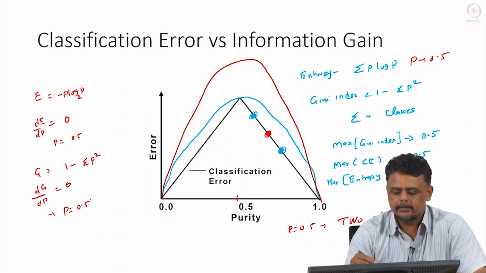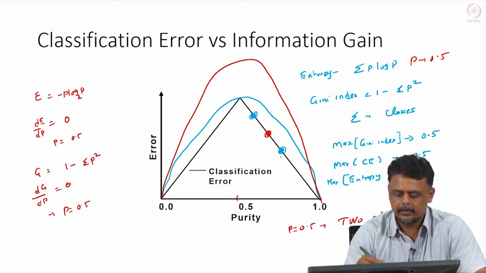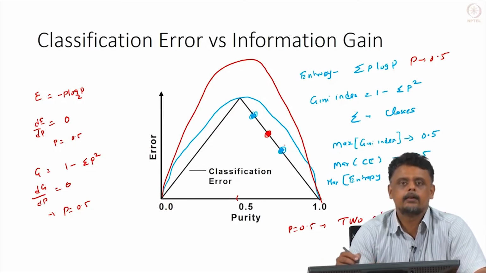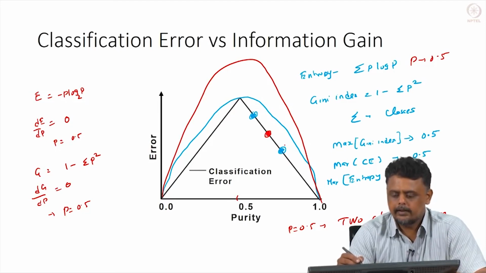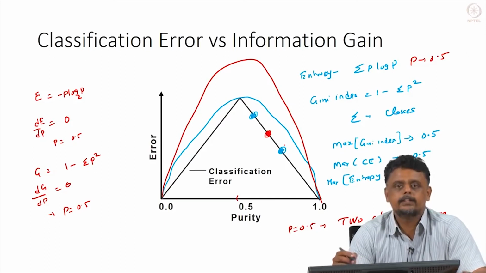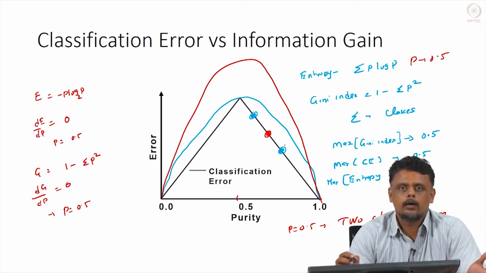But the point is that if you use the classification error, because it has this linear trend, it's possible to end up with the total change in classification error being 0, and then there will be no way to grow the tree any further.